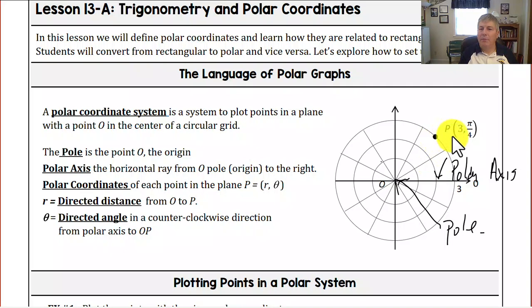So we've plotted the point here, 3, pi over 4. It looks like each one of these rays extending from the origin is a pi over 6. And each circle here is a unit 1. So we have 1, 2, and we're 3 out on our polar axis.